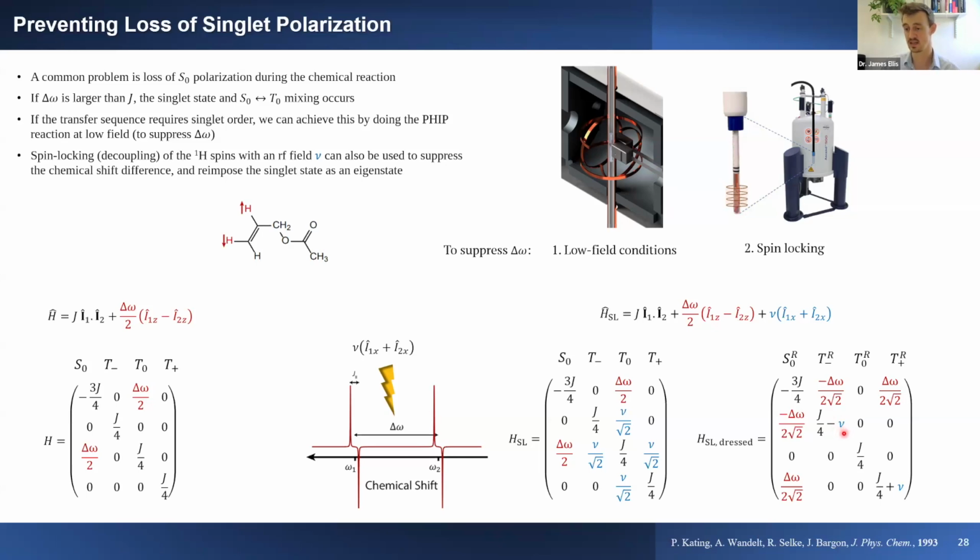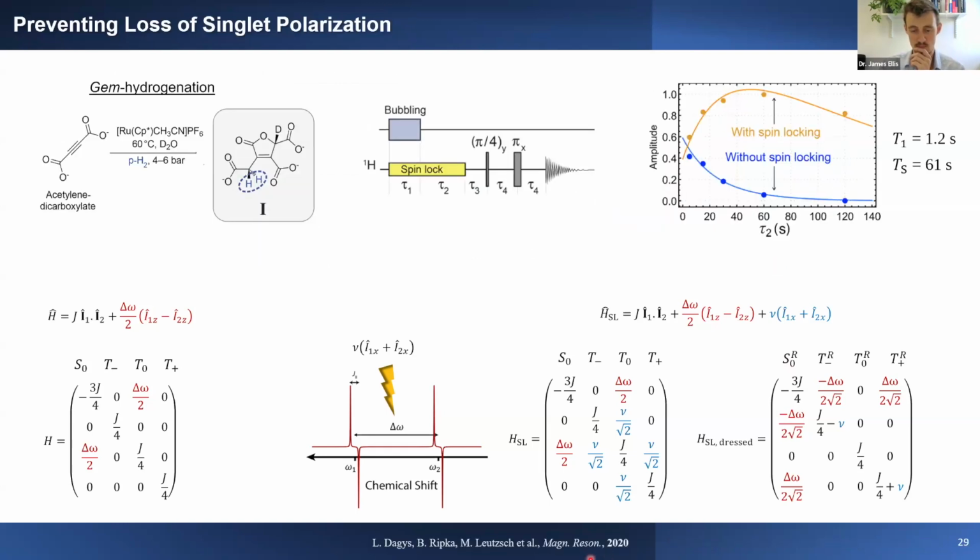So we're disconnecting the states from each other. If this is some very large value, this singlet state is no longer connected to any of the other states, and so population will remain in the singlet state. We're essentially ensuring that the singlet state is close to an eigenstate by applying this spin locking.